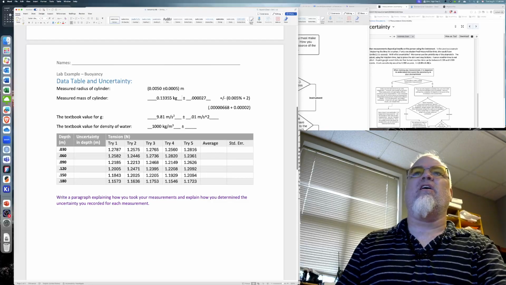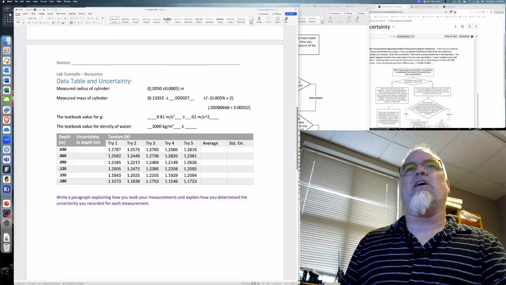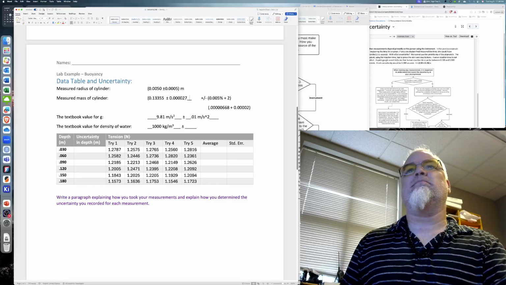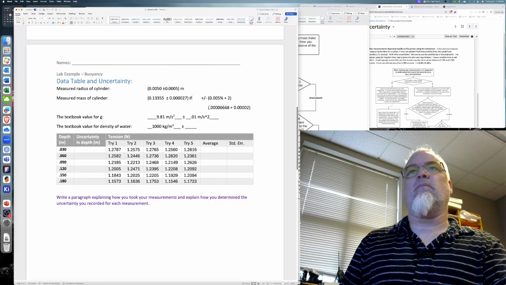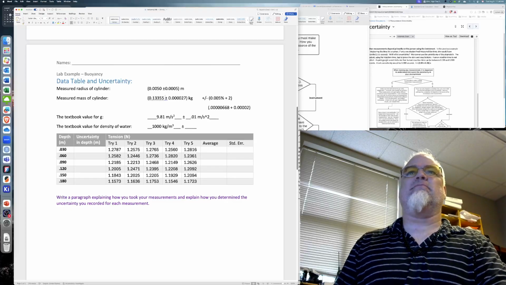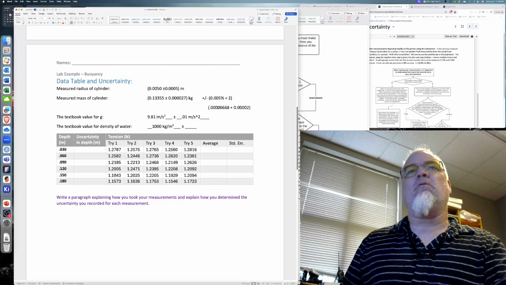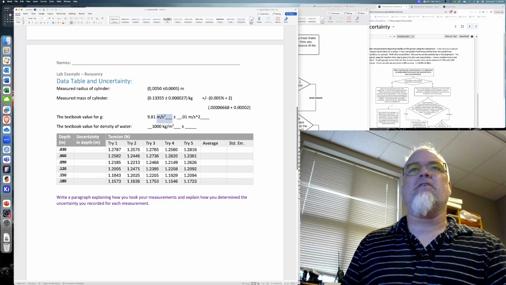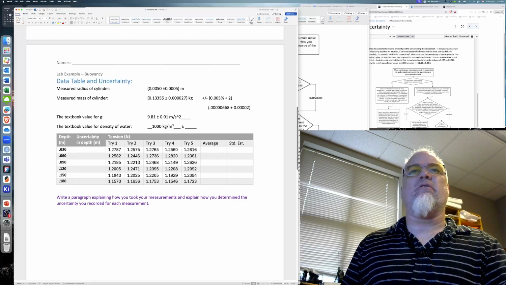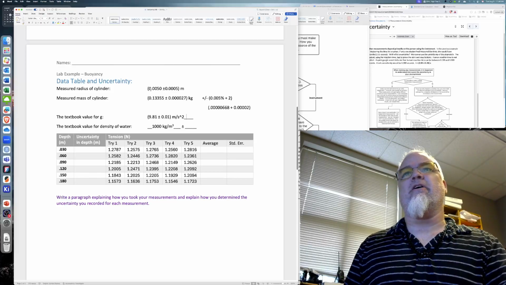It's better to only write down the units once and to write down the units for the value and the uncertainty together like this. Okay, so 9.81 plus or minus 0.01 meters per second squared.